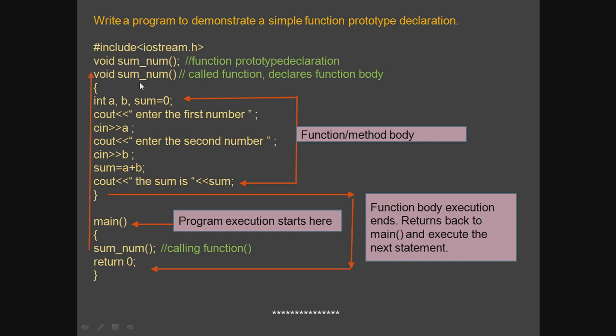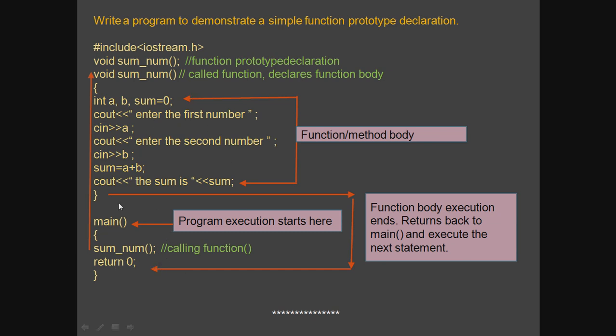And then this function or method body, in other programming languages the function is also called a method, will be executed once this call function gets invoked. So this function body will get executed, and after this gets done, control will come back. Once the function body execution ends, the control will return back to the main function, and then execute the next statement, that is return 0.